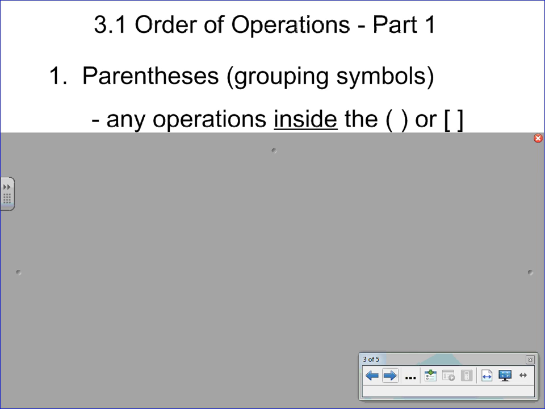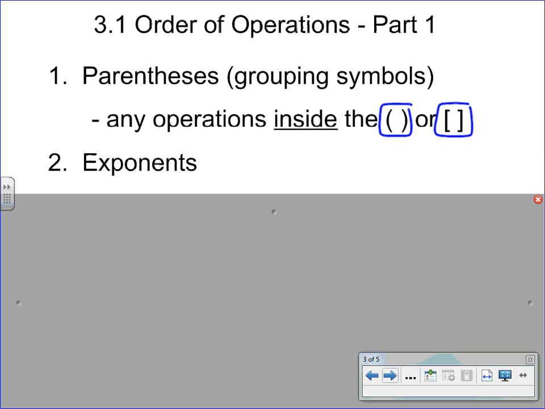And included with parentheses are grouping symbols. Most often that's going to be parentheses or brackets. You'll see here we have parentheses. Here I have a set of brackets. Those are the most common grouping symbols you're going to see. When you have to do the parentheses step, you're going to do operations that are inside of those parentheses or brackets. Not next to, not in front of, but inside.